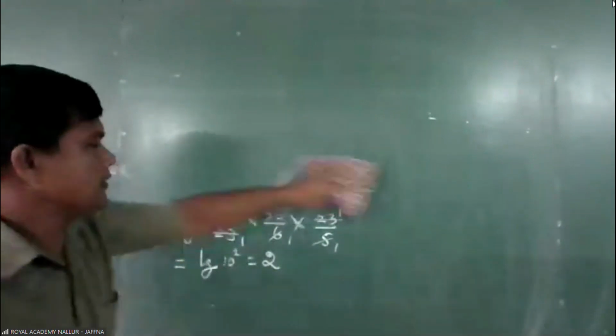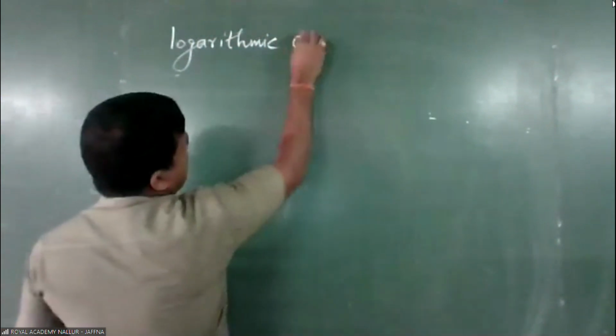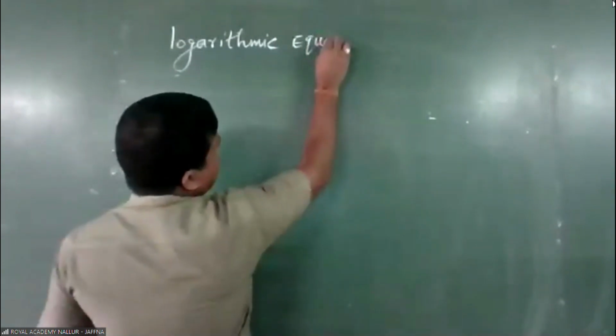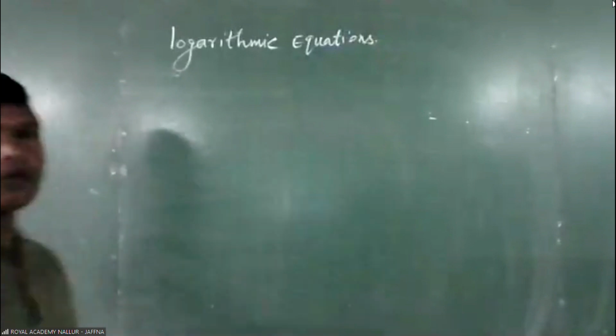Next, after this simplification, we are going to solve some equations which are given in logarithmic form. So our next subtopic is logarithmic equations. A logarithm formation with an equal symbol.